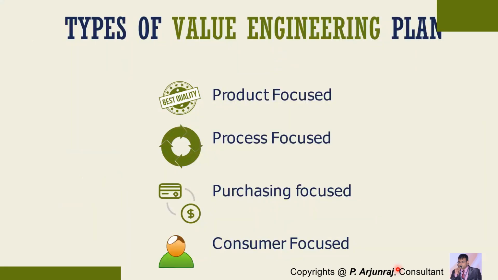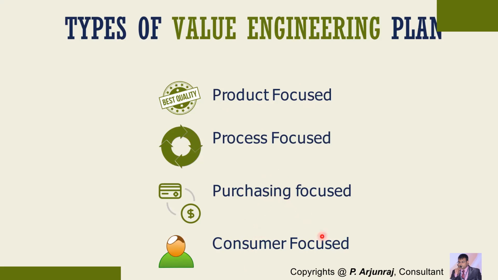And you have various types of value engineering plan for any company. Value engineering can be related to the product, it can be related to the process, or it can even be related to purchase. That's where the supplier comes into the picture.